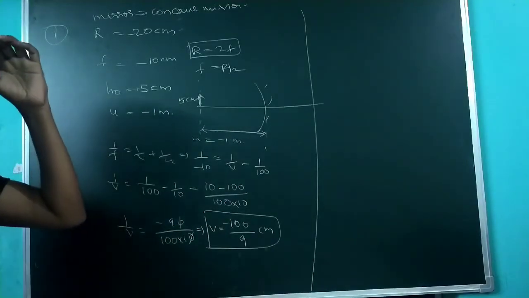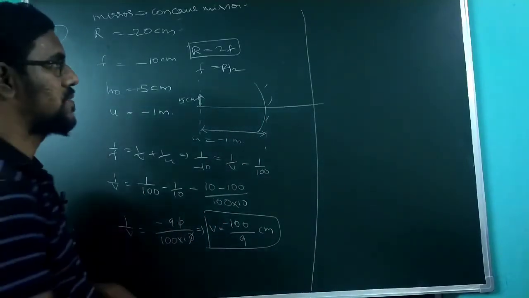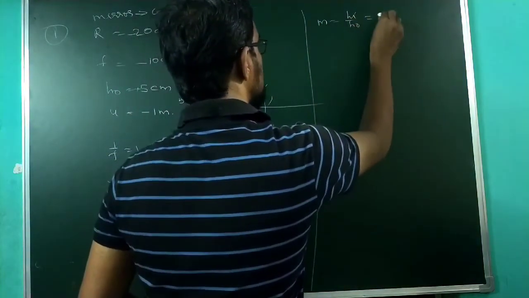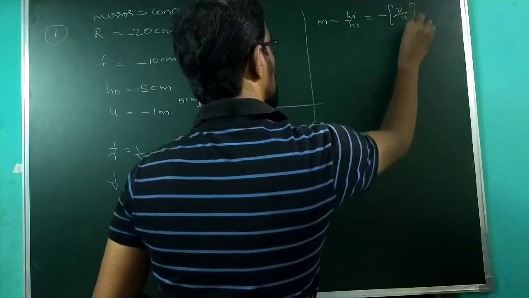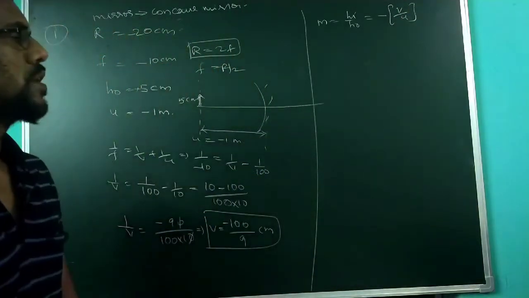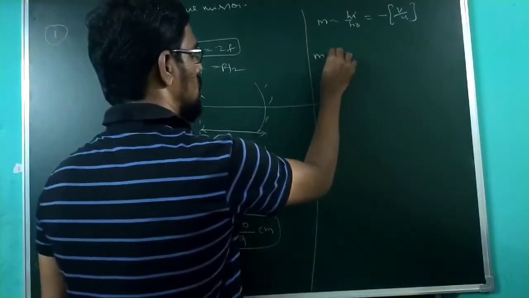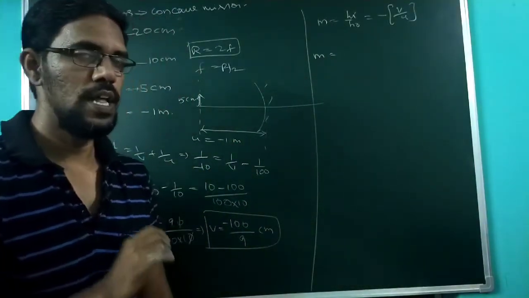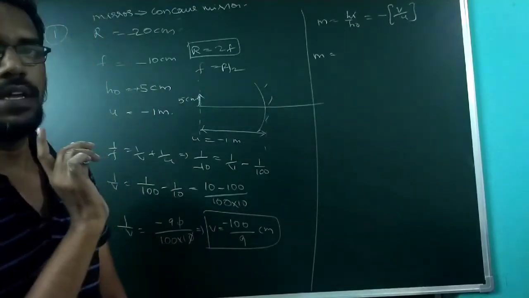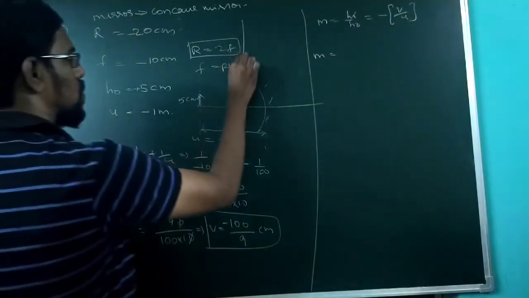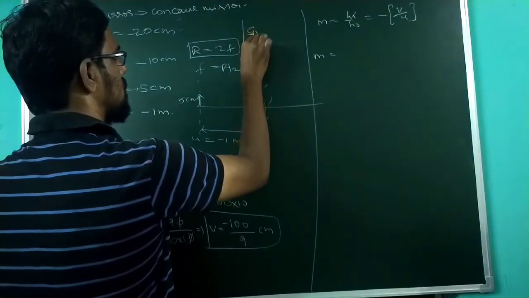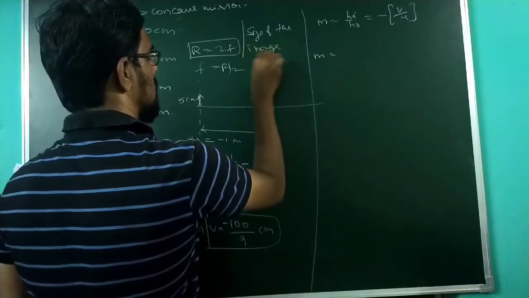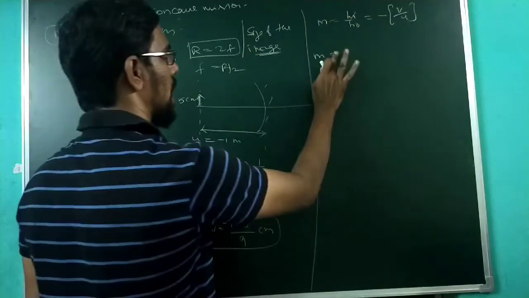Okay students, now let us find the magnification. M is equal to HI by HO, and this is equal to minus V by U. This is the formula. The question is asking to find the size of the image, that means the height of the image.